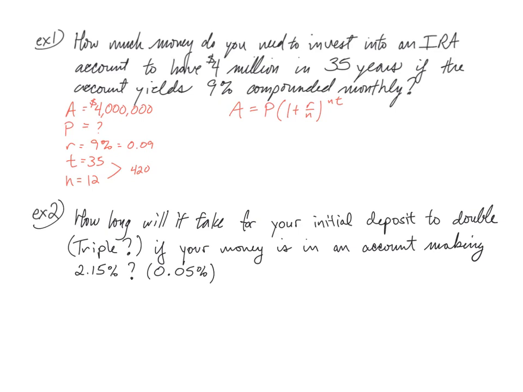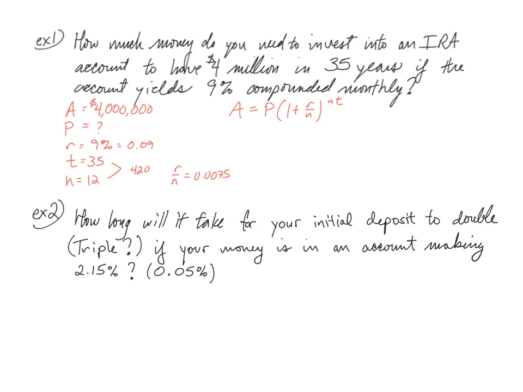And if we divide r by n, we get 0.09 divided by 12 is 0.0075. So I'm doing these little calculations that we were doing in our problems anyway, and I'm just going to plug these numbers in the formula.